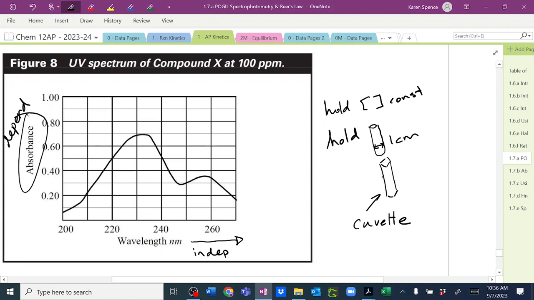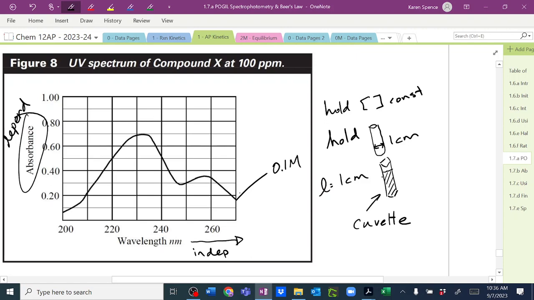So your path length, which is L, is going to be 1 centimeter. So that's held constant. You're going to have a solution in here, and its concentration will be the same. And the only thing that you're going to be changing is the wavelength. Yes? Let's say that this was 0.1 molar.